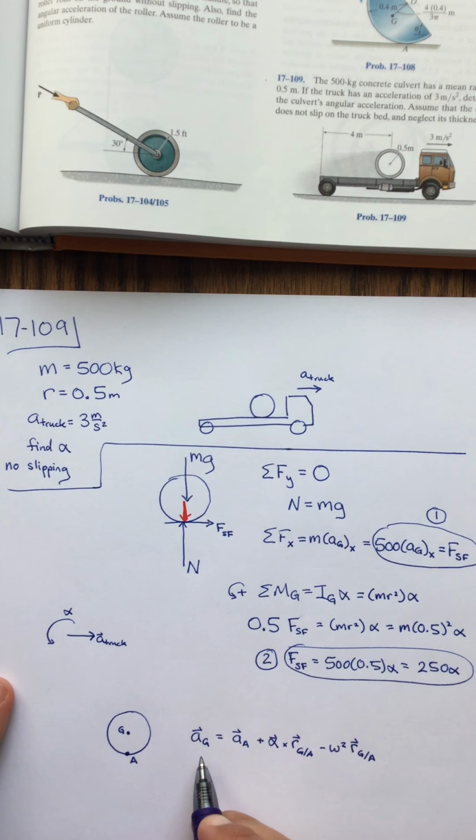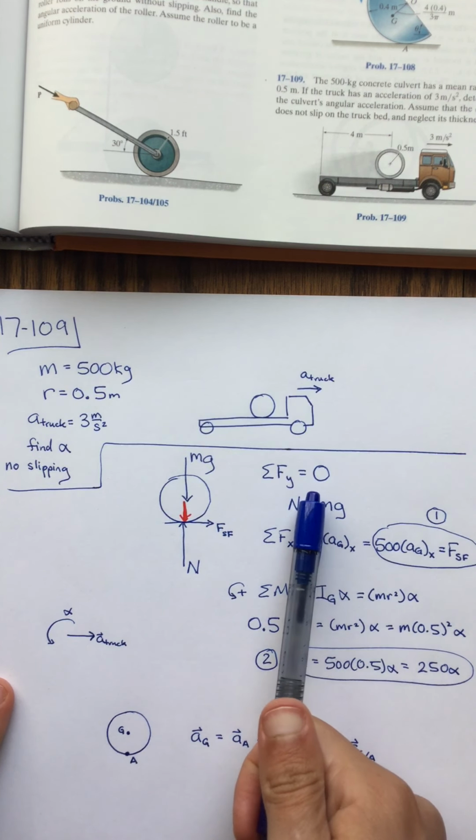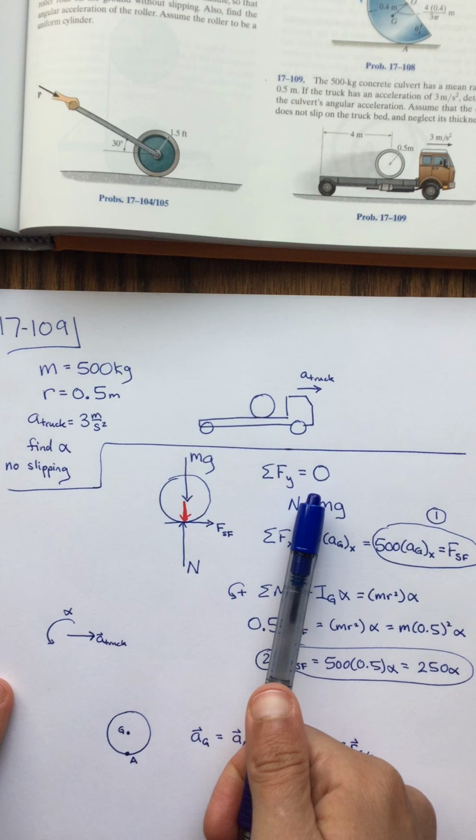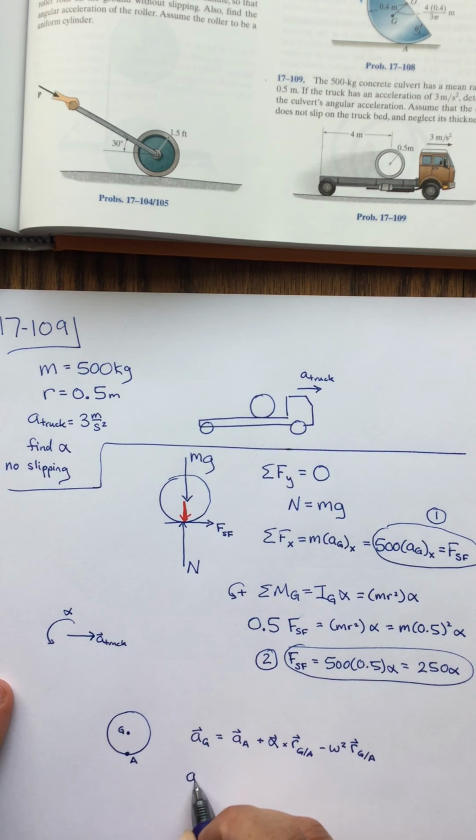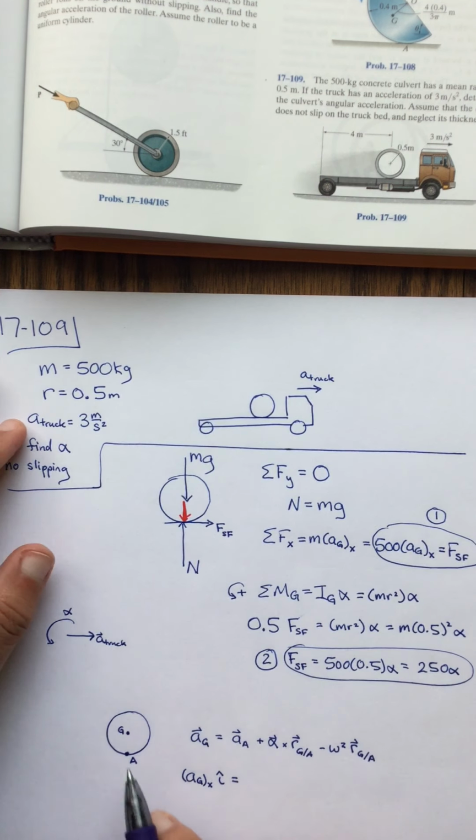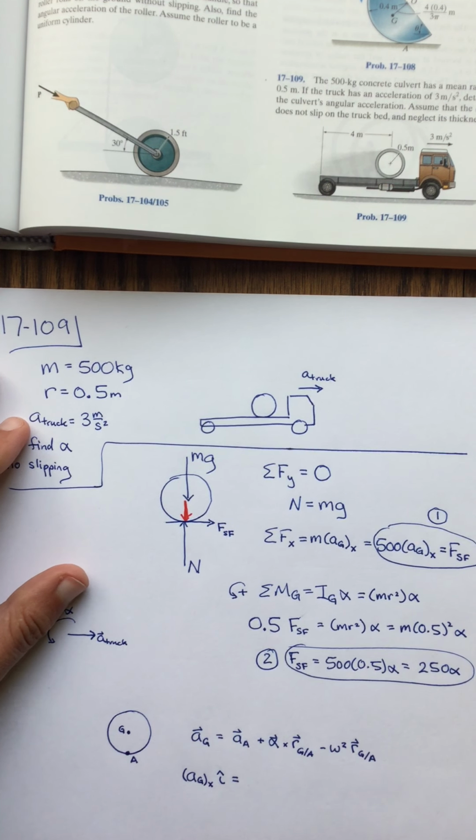If I look at the acceleration of point G, we said that the acceleration in the y direction is equal to 0, so this is just the x component. And my acceleration for point A is going to have a normal component and a tangential component.